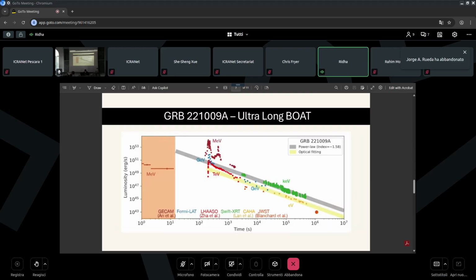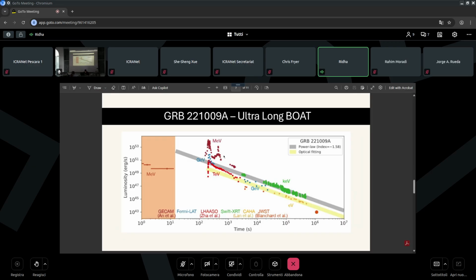And I also repeated this procedure for the case of GRB 221009A, which is the ultra long, brightest GRB that we have observed. And the peculiar feature, we also have a TeV emission here, which could probably be from spin up of the pulsar.